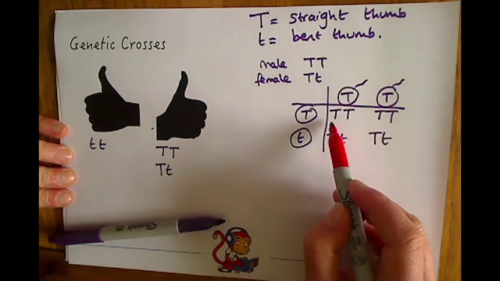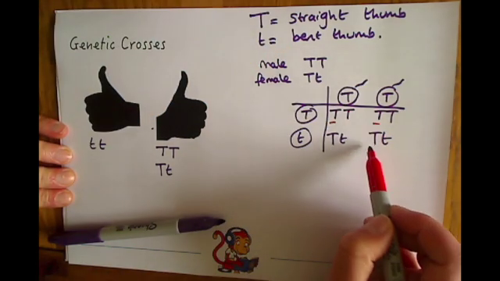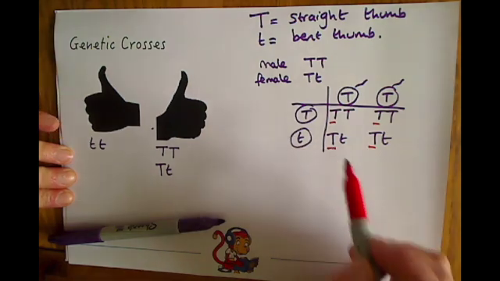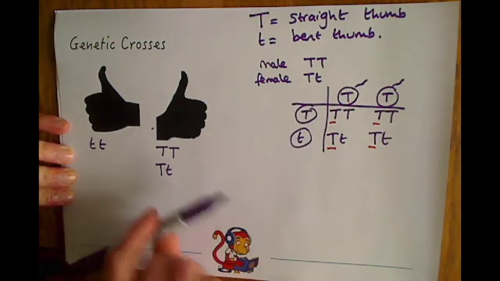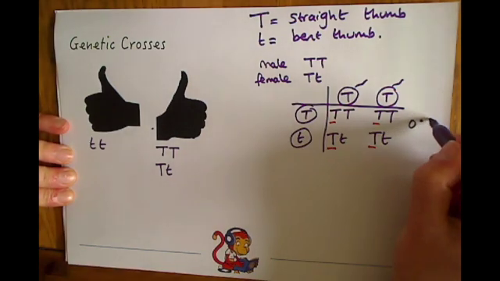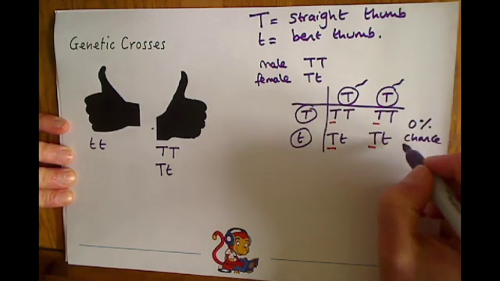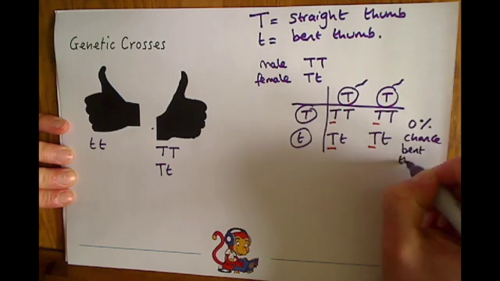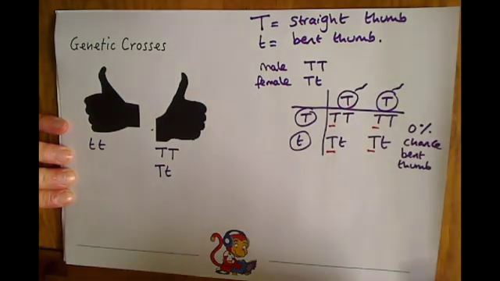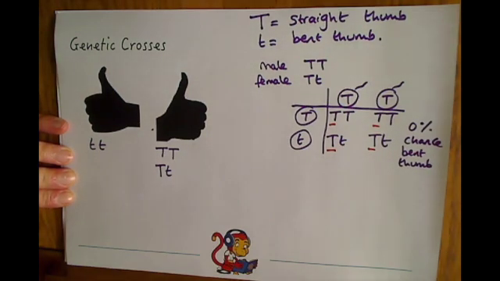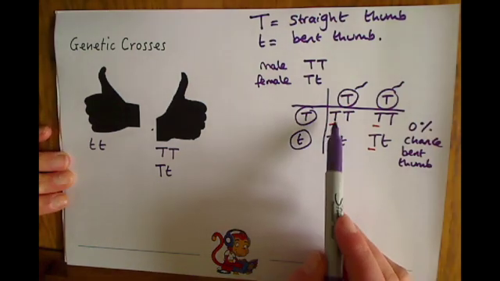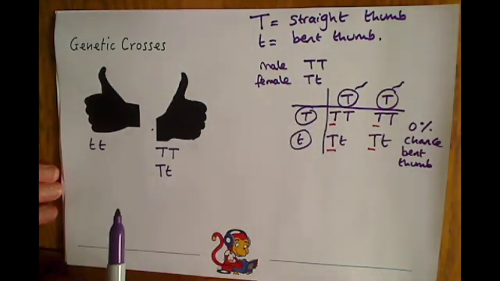A straight thumb's dominant, and if you look, the dominant allele is present in all of the offspring. So there is absolutely no chance, a 0% chance, of having a hitchhiker's thumb, of having a bent thumb. So none of the offspring can have a bent thumb because the dominant allele is expressed in both.